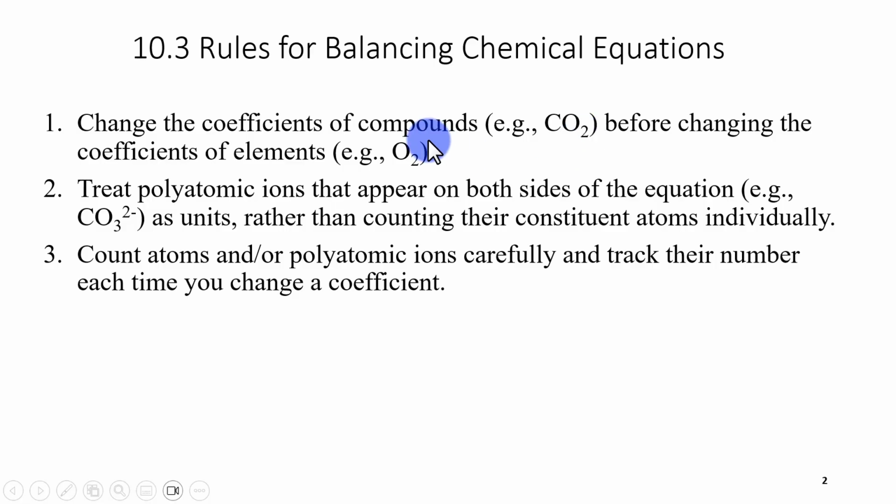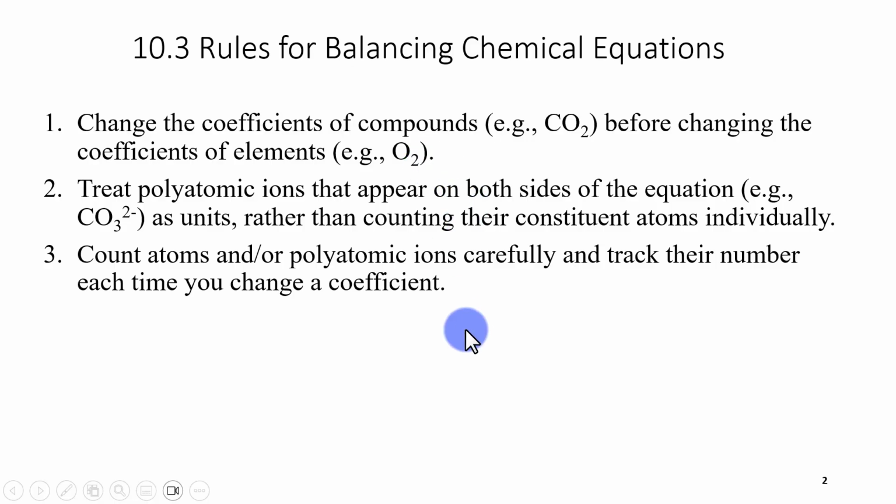Start with molecules and leave the elements to balance at the end. Because if you change the coefficient of the element, it only affects the oxygen. But if I keep changing the coefficient of CO2, I change carbon and oxygen. So figure this one out first: compounds first, and elements last.